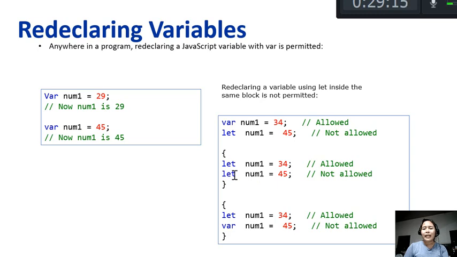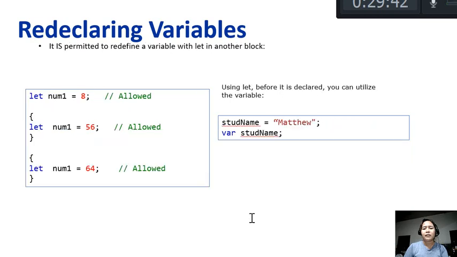Now you use let again to declare num1, and that is not allowed because redeclaring a variable using let is not allowed. Now in this case here, let num1 is 34. That's allowed again because you are in another scope or another block of code, and using var to declare num1 is therefore not allowed anymore because you already have declared num1 using let.